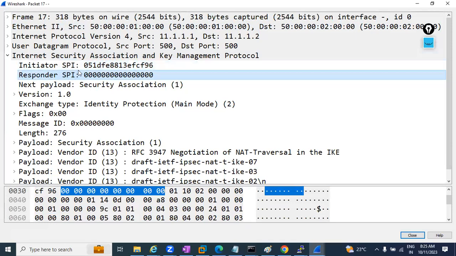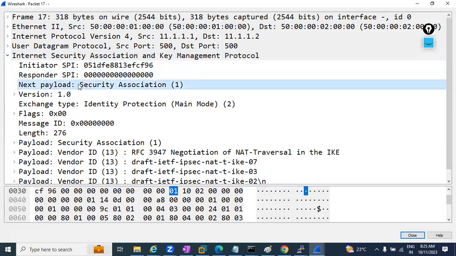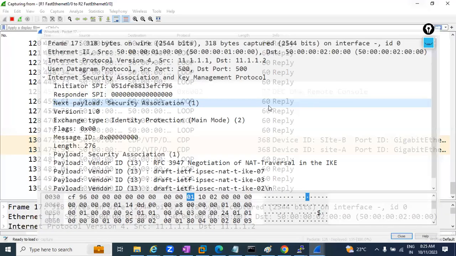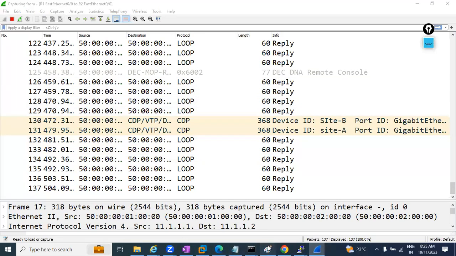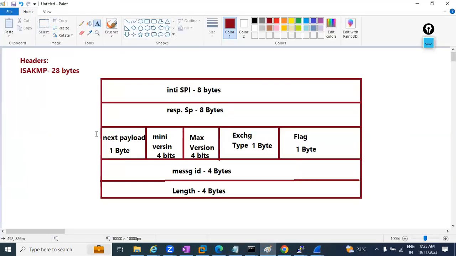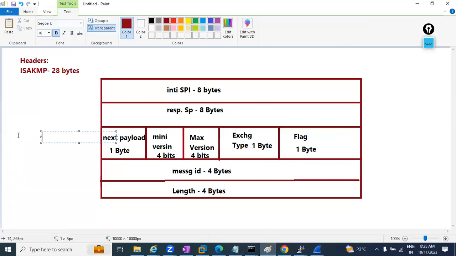Now the next concept is next payload. What is that? The next payload field explains exactly which is the next header. There are possibilities. What are the possibilities? There are three possibilities.